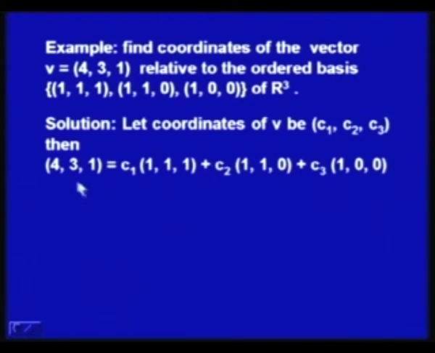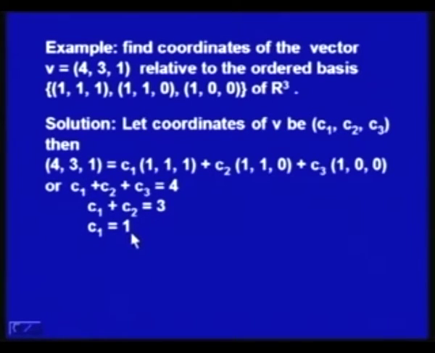So, we have to solve the system, and that amounts to 4 is equal to c1 plus c2 plus c3, the first equation. The second equation is 3 is equal to c1 plus c2, this will not contribute, and finally 1 is equal to c1, the rest will not contribute. So, this equation is actually equivalent to this set of 3 equations.